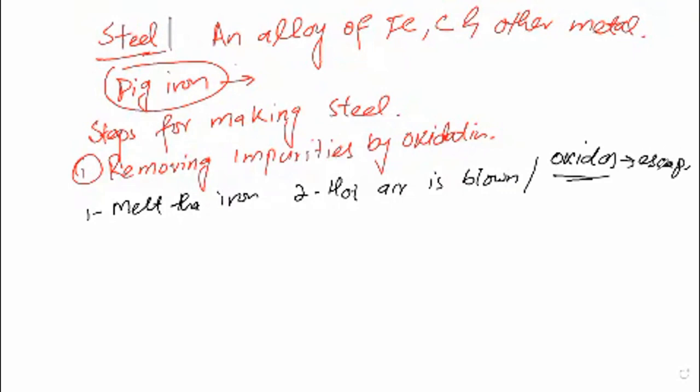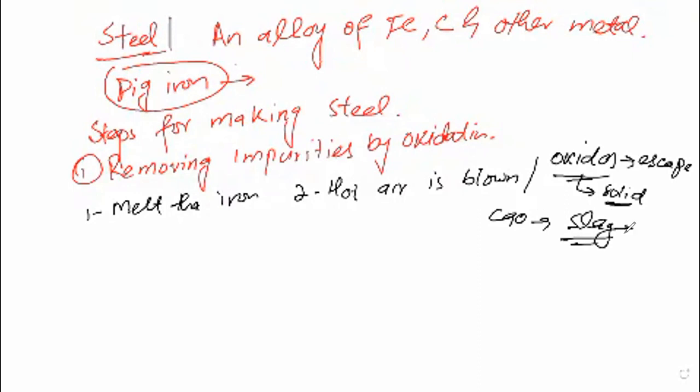But if the oxides are solid and cannot be removed that way, they react with the calcium oxide, and slag is formed.